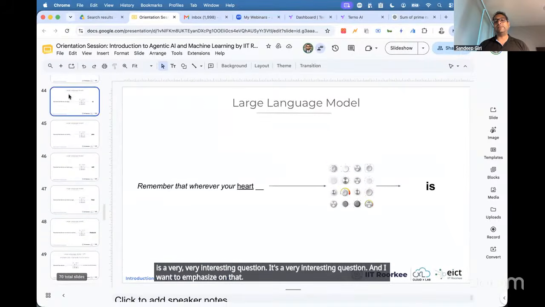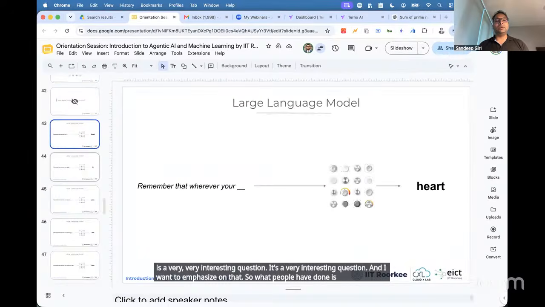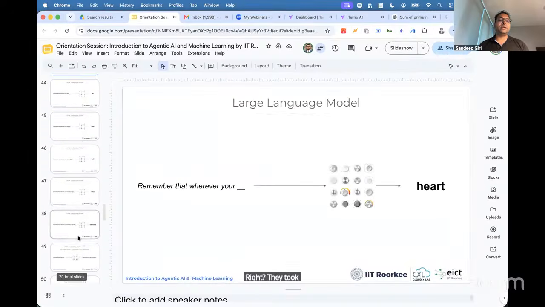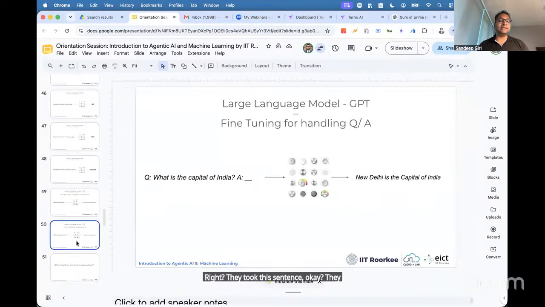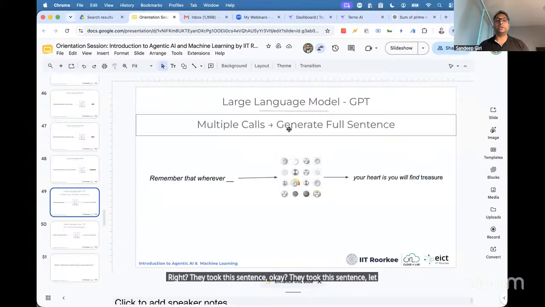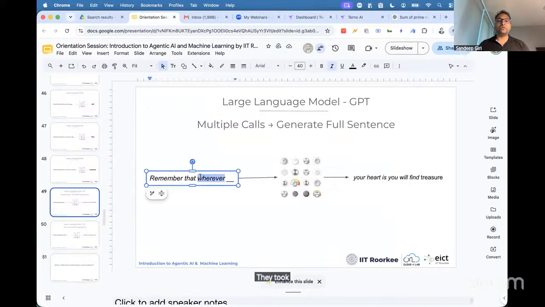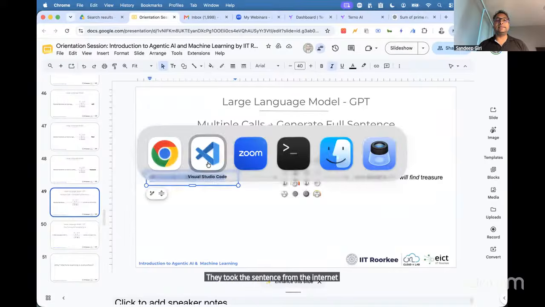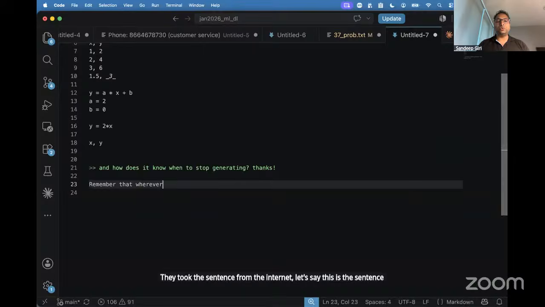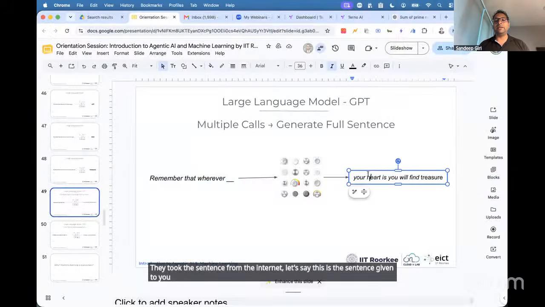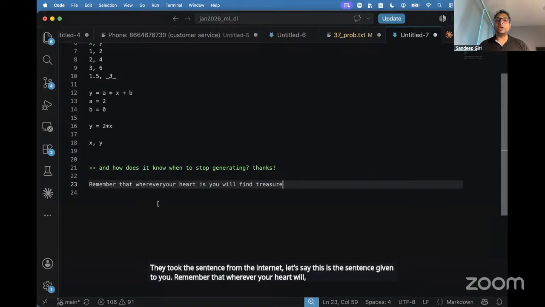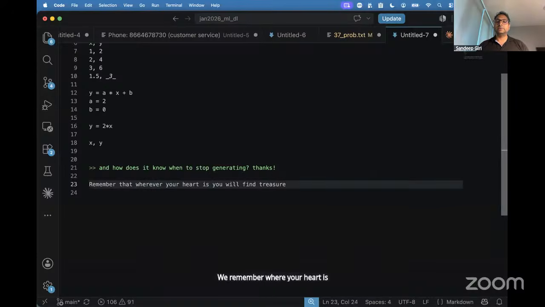So what people have done is, they took this sentence from the internet. Let's say this is the sentence given to you: "Remember, wherever your heart is, you will find treasure."